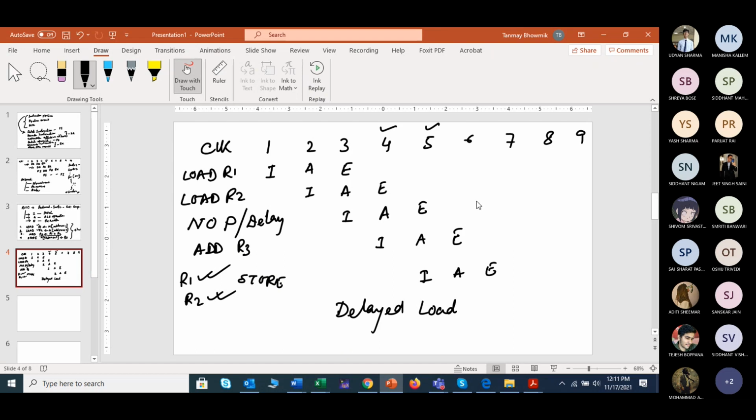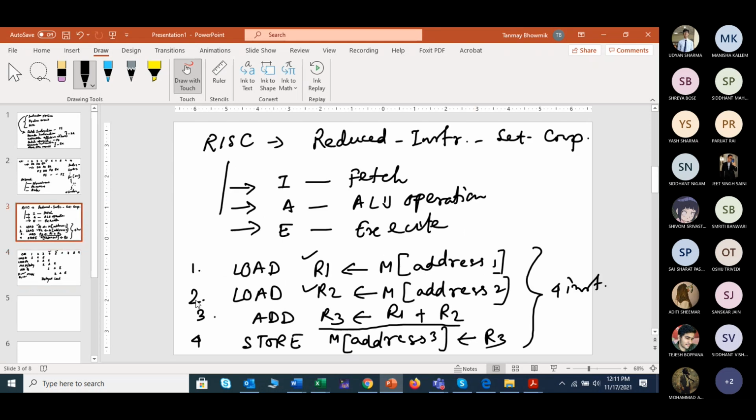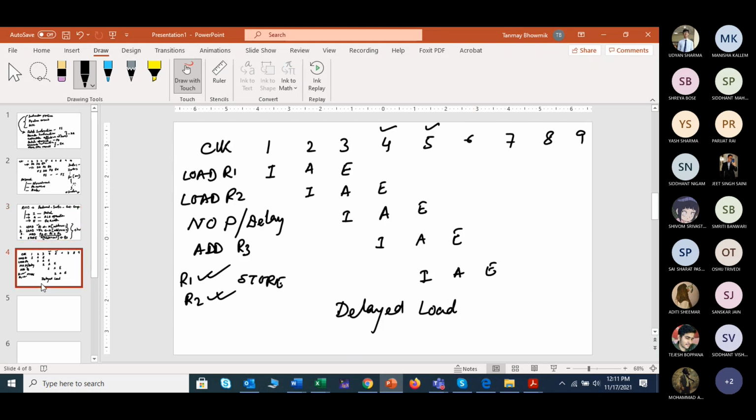Now the answer will be only yes or no, or after this statement or that statement, different options will be given and you need to choose one of them. This kind of question can be given from this topic.